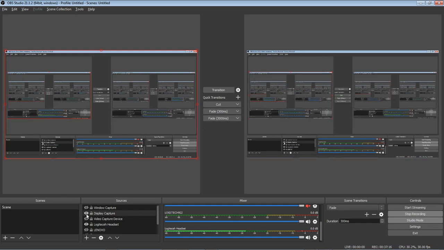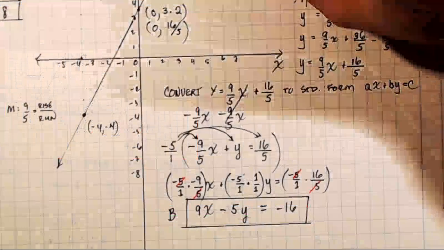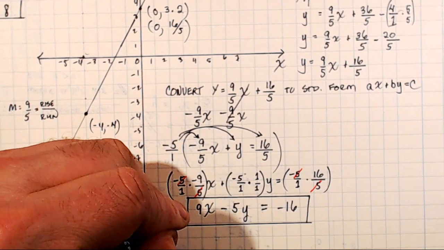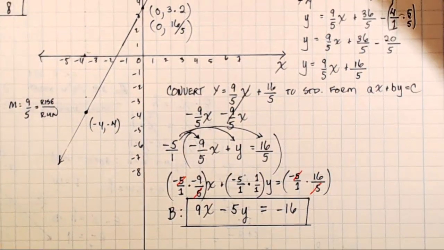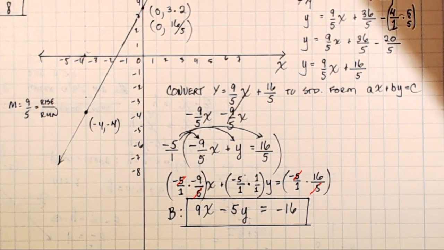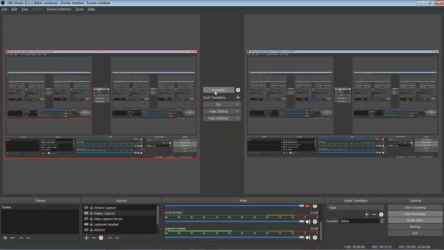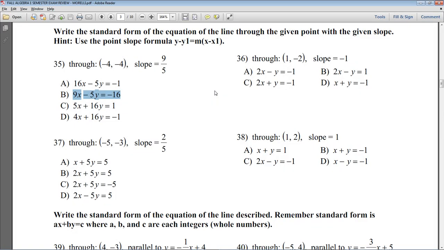That was a good one. So B is the correct answer choice for number 35. Okay, so now we will go back to our work set and scroll down, see what's next.